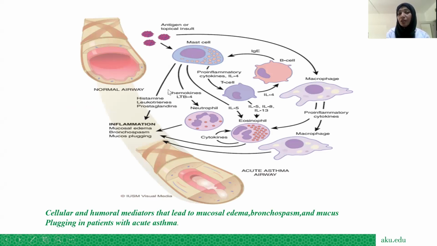Mast cells in turn release histamine, leukotrienes, and prostaglandins, and many inflammatory cells are released. All of these inflammatory cells and mediators lead to inflammation of the airway. With inflammation, there will be bronchospasm, mucosal edema, and mucus plugging. This is really important to know because we have to work on these three factors during the management of a patient with status asthmaticus.